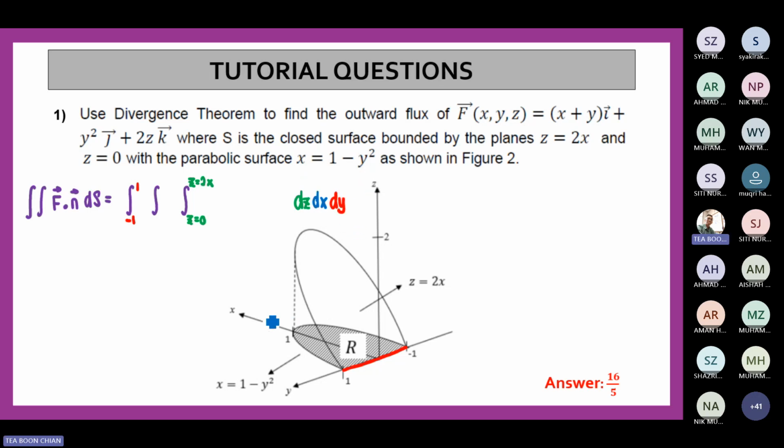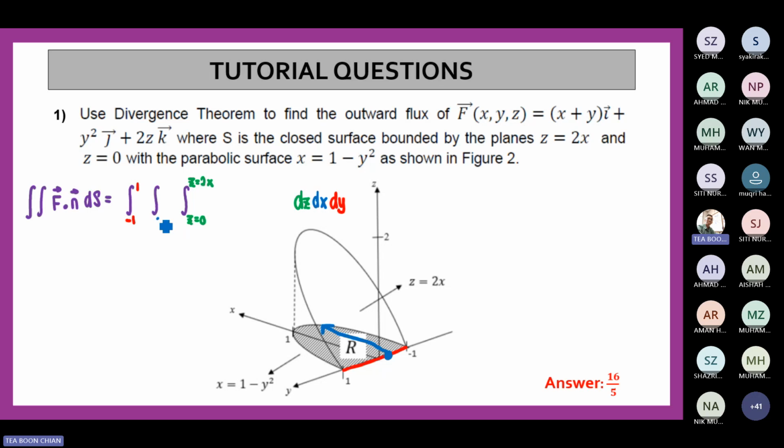So look carefully, the x-axis is at this part. In other words, the graph is moving from x = 0 towards the upper side here until it touches x = 1 - y². So this is kind of straightforward.